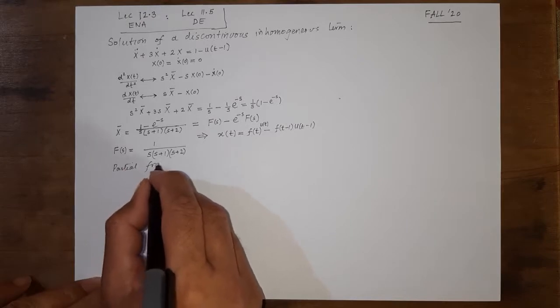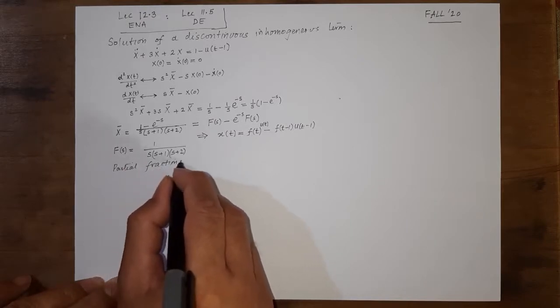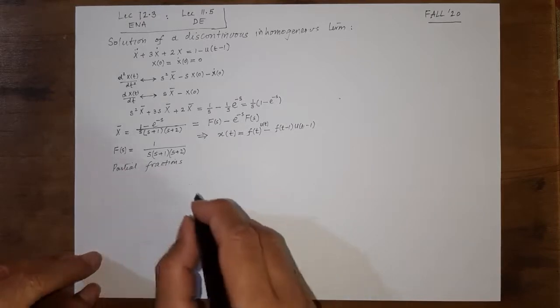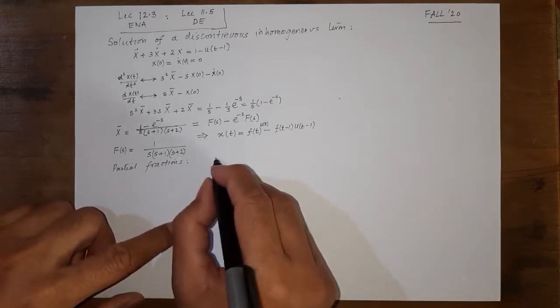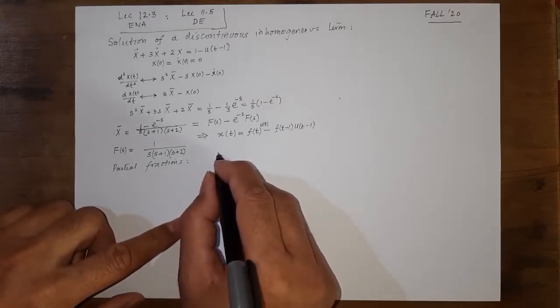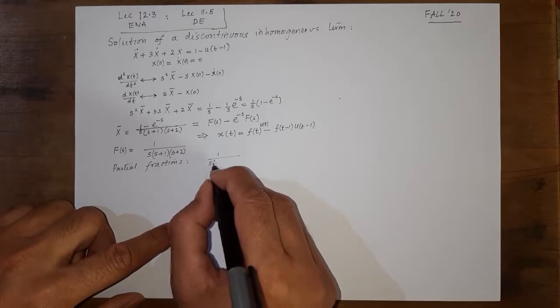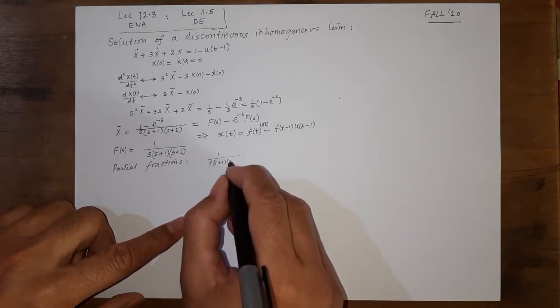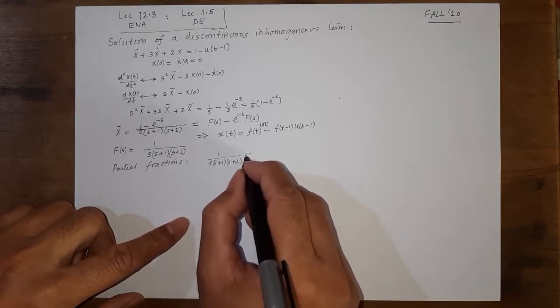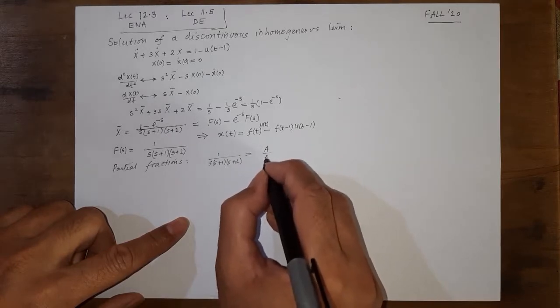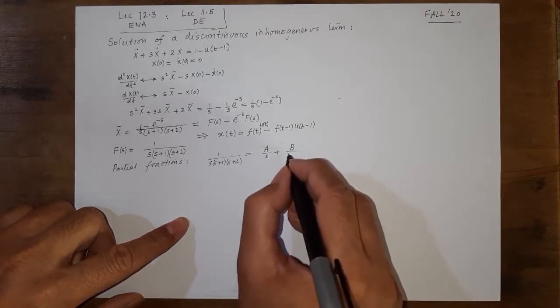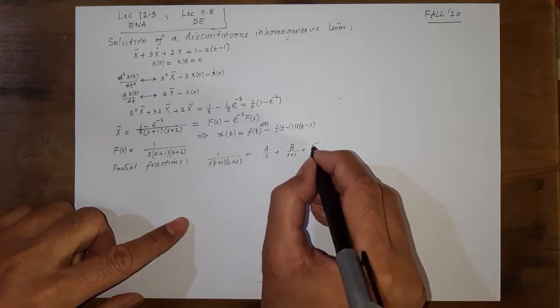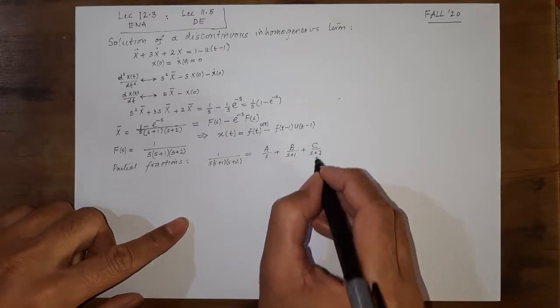And once again, you can use any method, but try to learn my method because that is going to be speedier. So 1 over s(s plus 1)(s plus 2) can be written as A over s plus B over s plus 1 plus C over s plus 2.